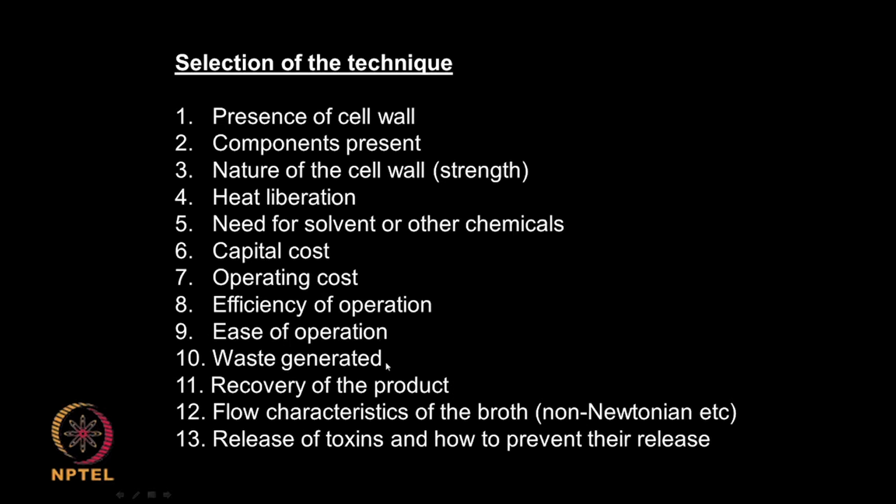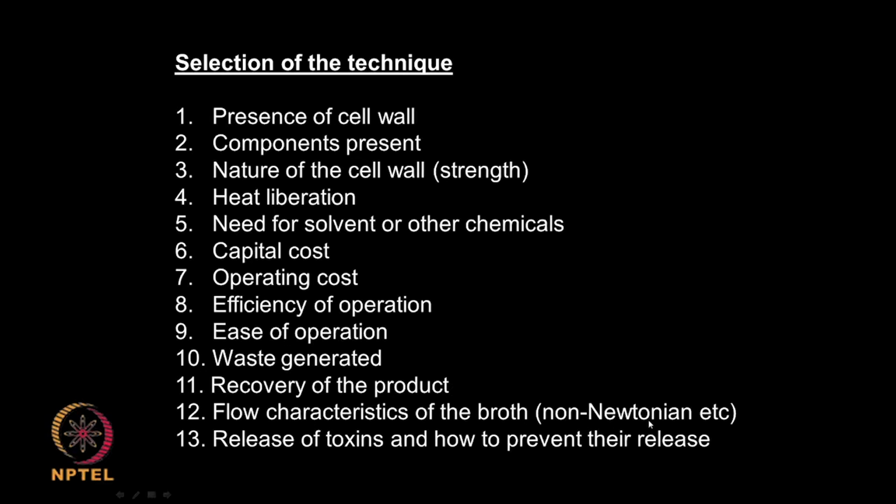How much waste do I generate? Because I will be generating a lot of cell debris and unwanted intracellular material, which are all waste. How will I recover the product after removing it from inside the cells? Once I have done a cell disruption, because you are liberating a lot of intracellular material, the entire broth could be non-Newtonian.